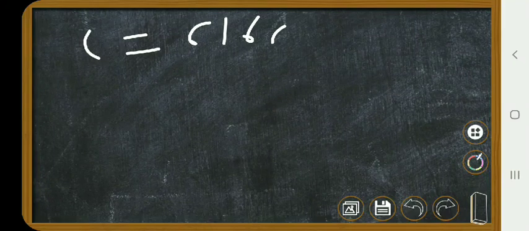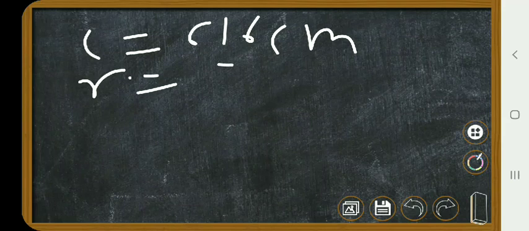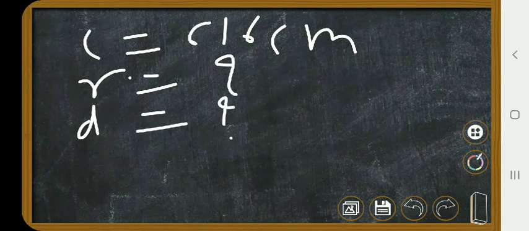Now third and fourth ones are the same. I'll solve the third one for you, and you will solve the fourth one. Here circumference is given, that is 616 centimeter. We have to find radius and diameter.